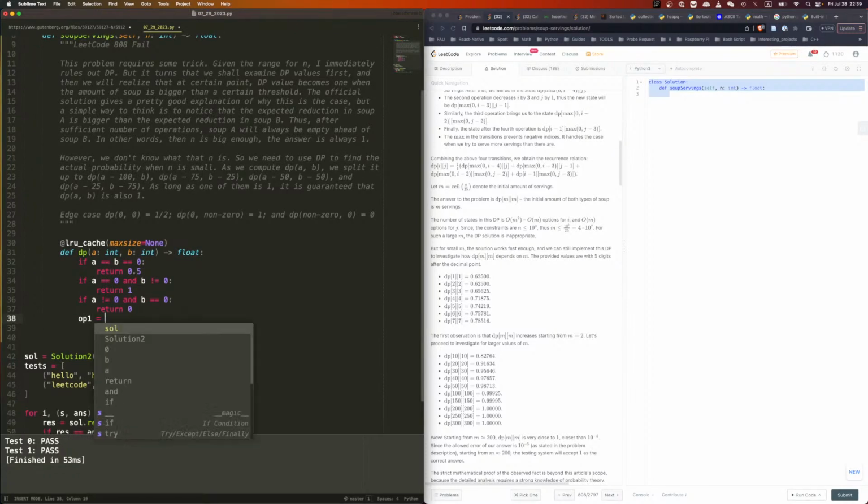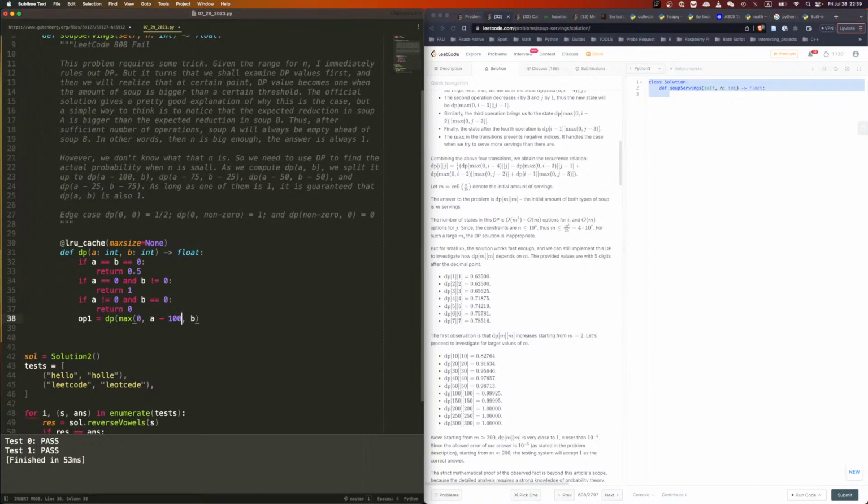op1 is equal to dp of max(0, A minus 100), B, right?